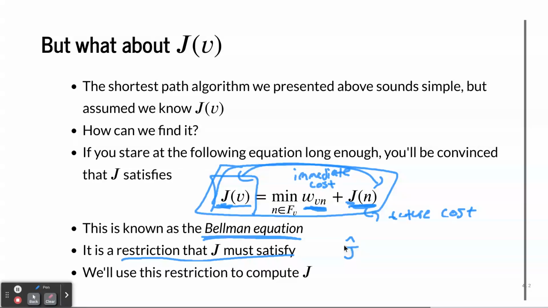We check that J hat satisfies it for every node v, and if it does, then we can say that J hat is indeed the minimum cost to go function because it satisfies the restriction imposed by the Bellman equation. What we will do using this Bellman equation is we'll actually use this restriction to be able to compute J given only a graph and an intended destination node.